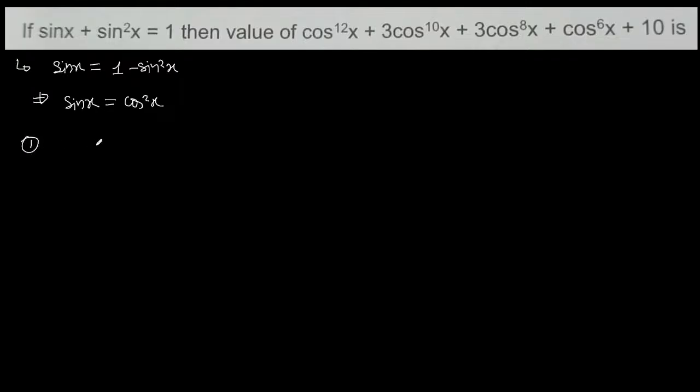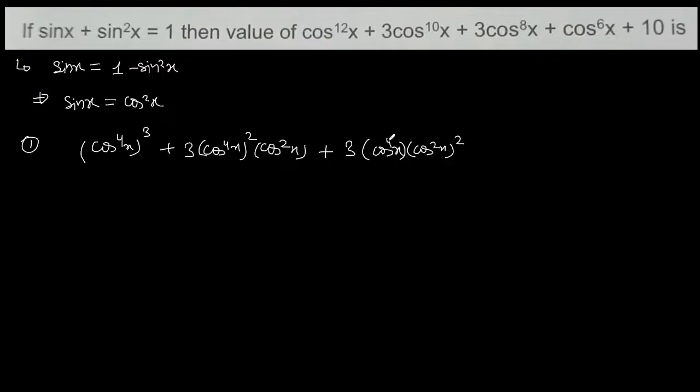If you see, can we write it as like this: cos a cube plus 3 a square b plus 3 a b square, and we have a cube plus b cube.